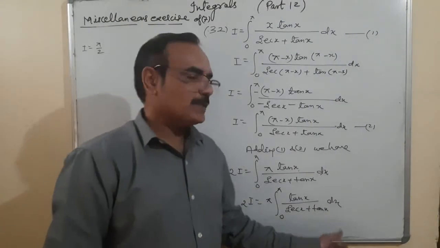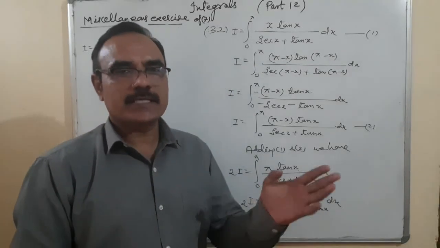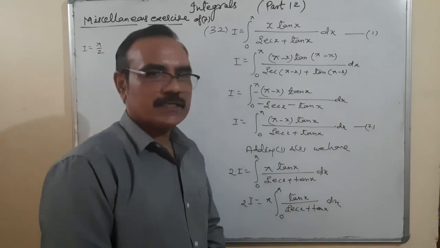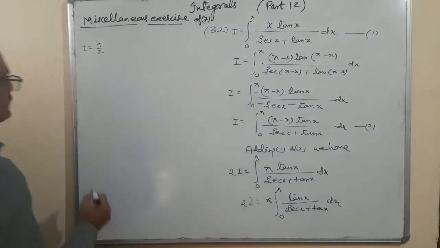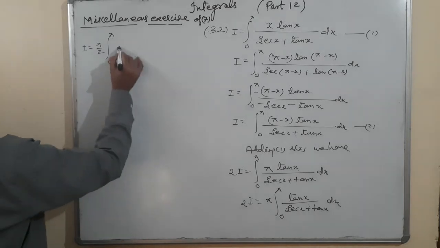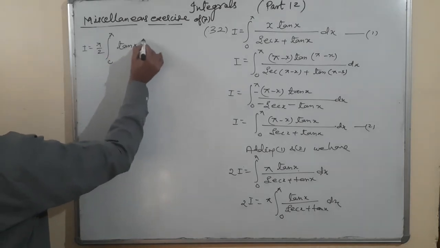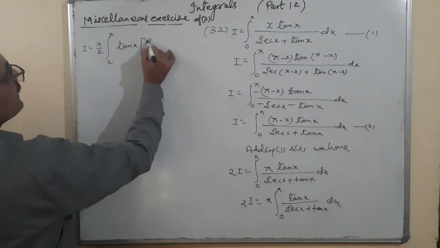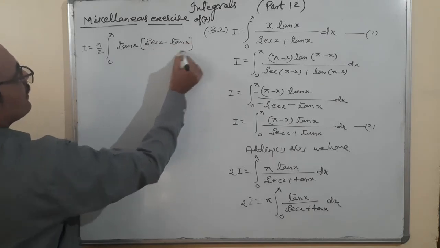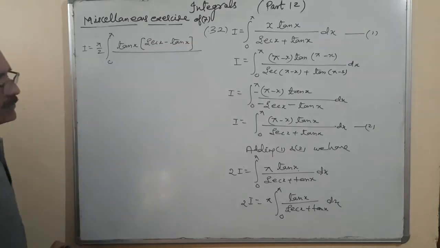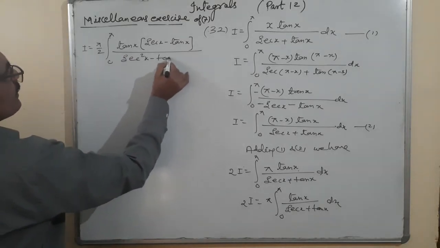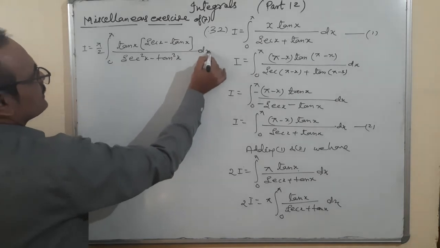And here sec x plus tan x, and we know one identity: sec square x minus tan square x is equal to 1. So rationalize the denominator. Then what happens? 0 to pi tan x, sec x minus tan x, upon sec square x minus tan square x dx.